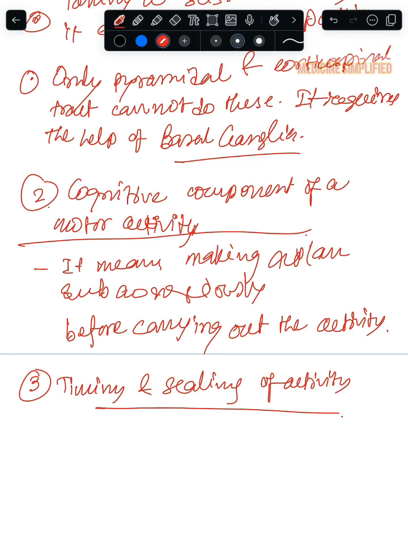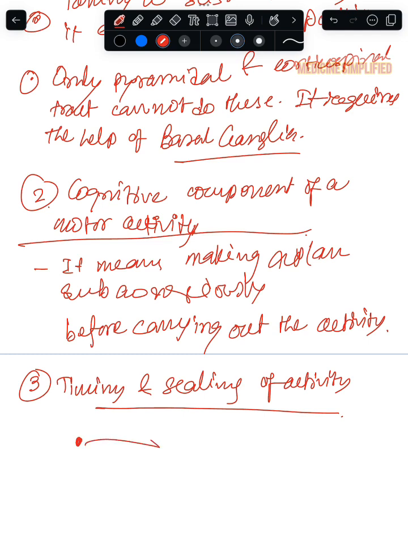Like when you want to play a shot in a cricket match, you first have to time the ball accurately according to its speed, its line and length. Then you hit the ball with the amount of power it needs, maybe for a single run, for a 4, or for an over boundary 6. So this is an example of timing and scaling.